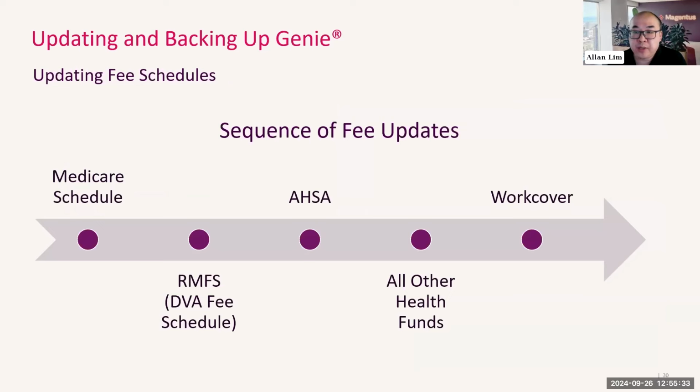To ensure that you are billing the correct fees when processing Medicare bulk bill claims, DVA Veteran Affairs, and Eclipse in-hospital claims, it is recommended that you check for fee schedule updates in the Software Updates window.